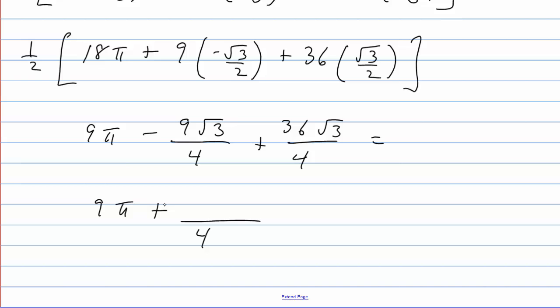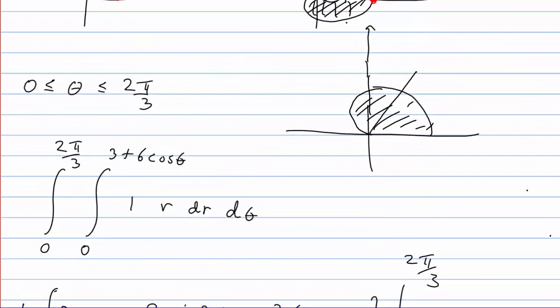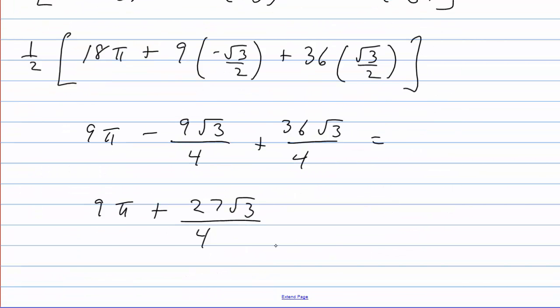So we'd have 36 radical 3 minus 9 radical 3, so this would be 27 radical 3, and we can't really simplify that anymore. Okay, but that's the area. Now we need to double it. Remember, that was just the area of the top piece, the area right here of all this stuff. So we need to double it.